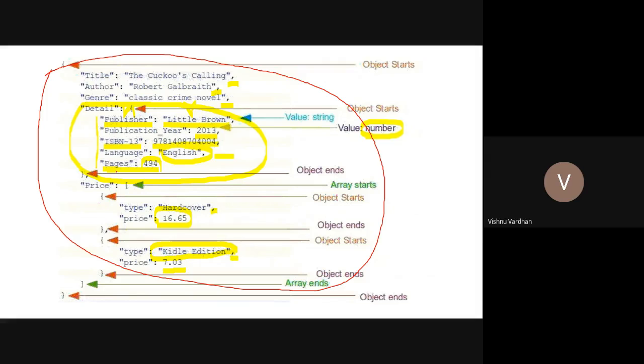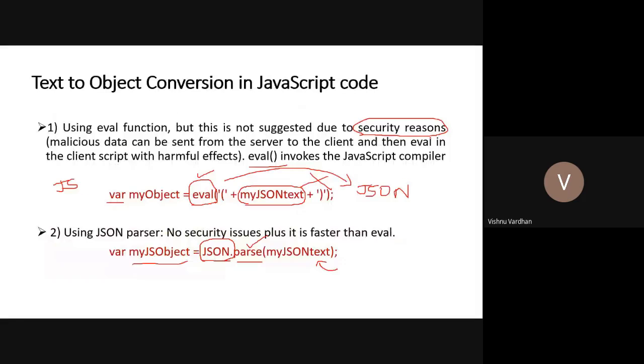The whole data after parsing, in a string format, is nothing but a string, even though it was a JSON object before being converted. That means it is getting deserialized. And what is the method for deserialization? You simply call JSON.parse. So this method you have to remember. JSON.parse.